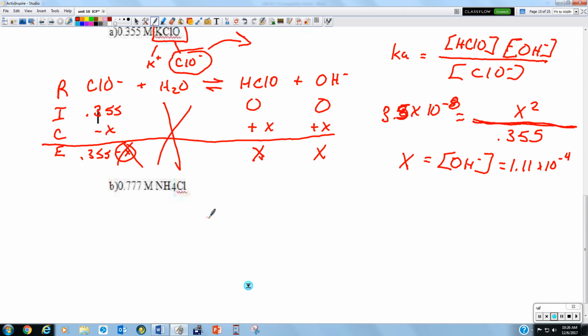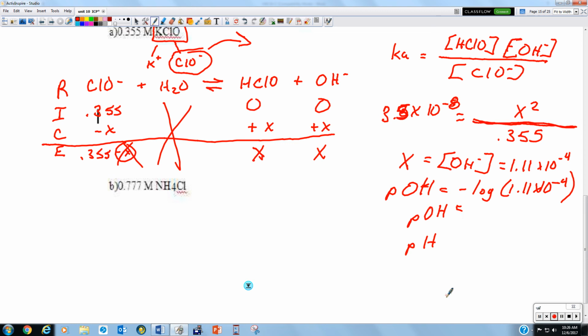what is it asking? It's asking us to calculate the pH. So when we plug in, we can get the pOH first. pOH equals negative log of 1.11 times 10 to the negative 4. And then we can get pH from that. So we'll get pOH and pH.